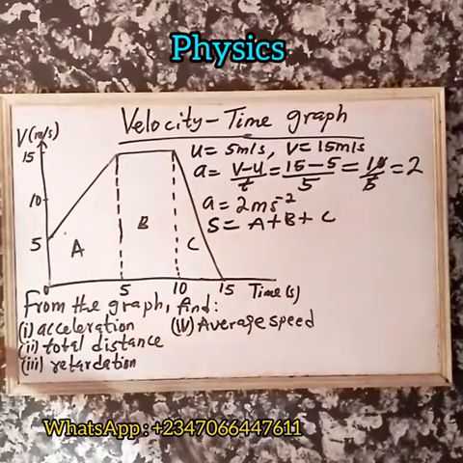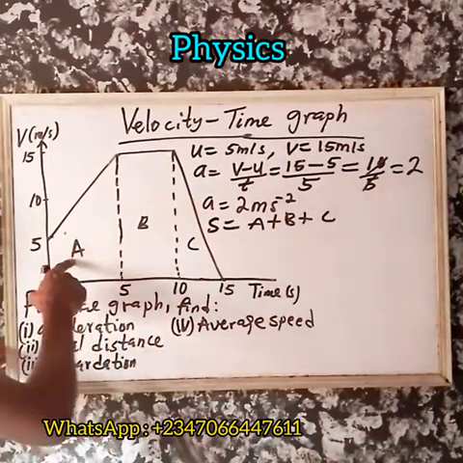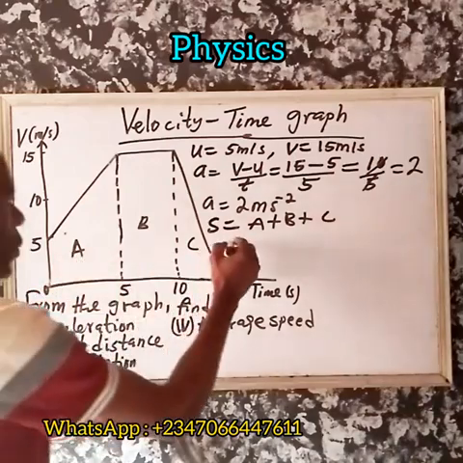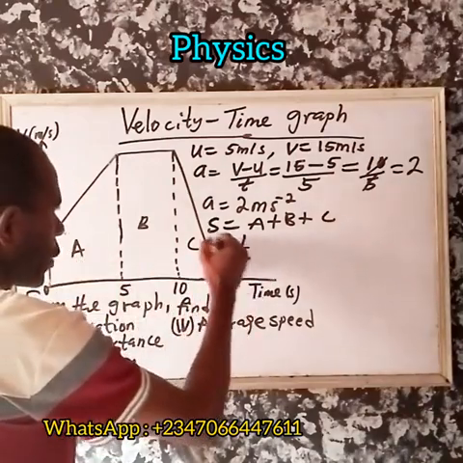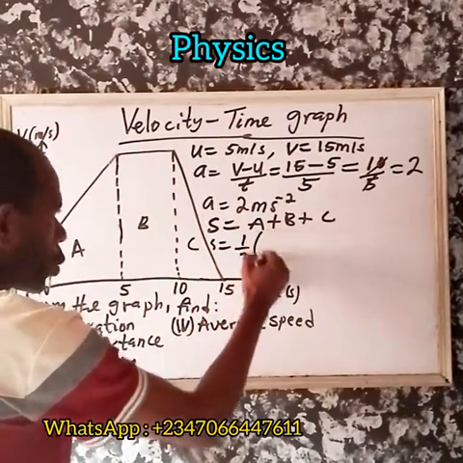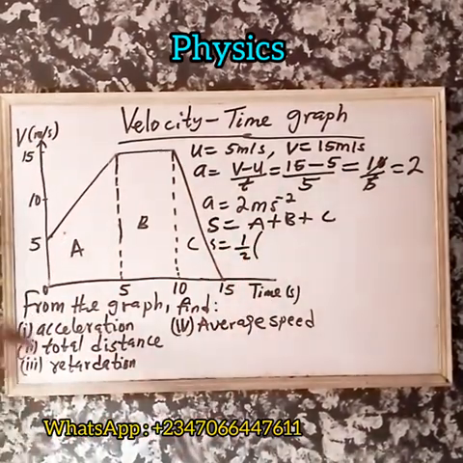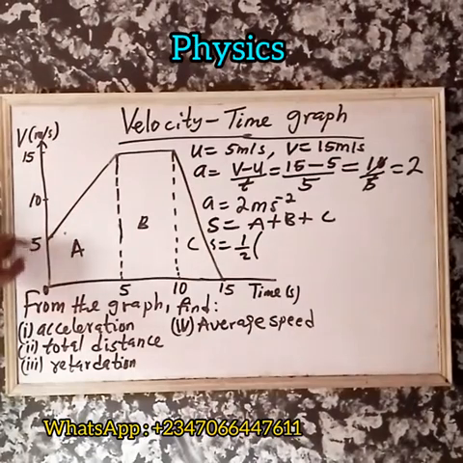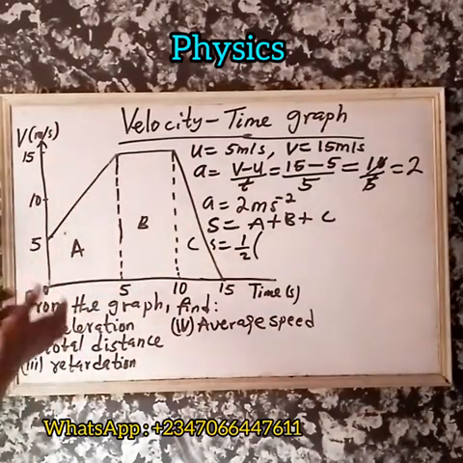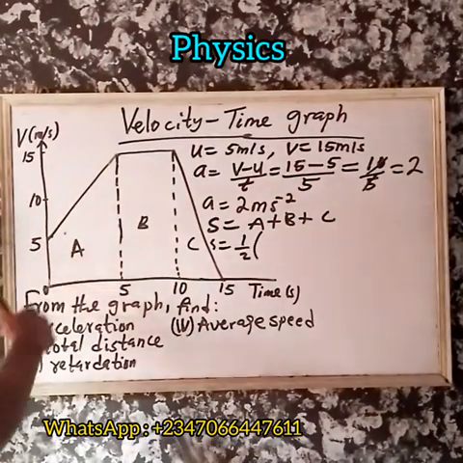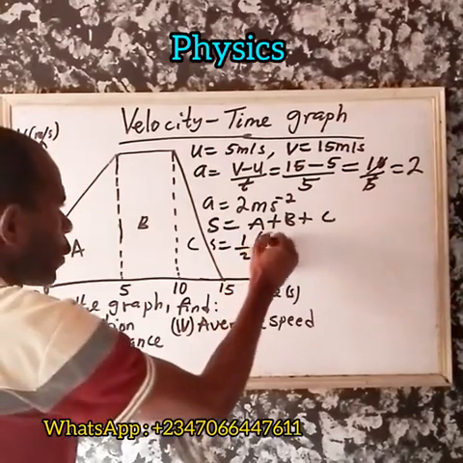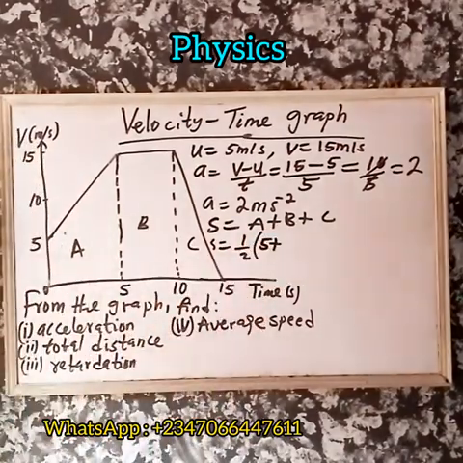And what is the area of A? Area of A is the trapezium, which will give us half the sum of the parallel sides. From here to here is our A, this 5 here, because look at the shape. So let us turn it upside down. This is A, the shortest part, which is 5, plus where is your B?